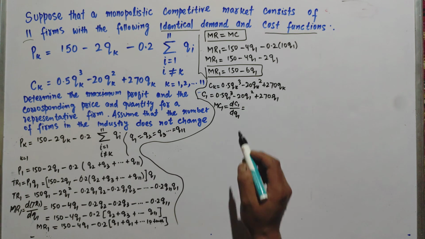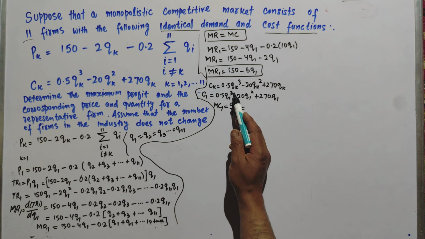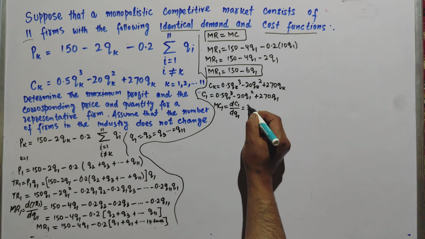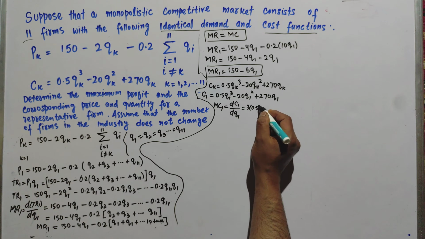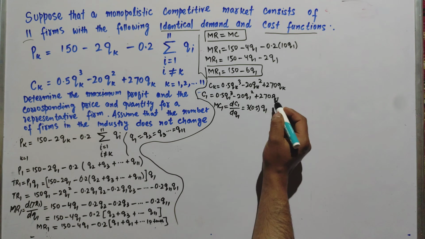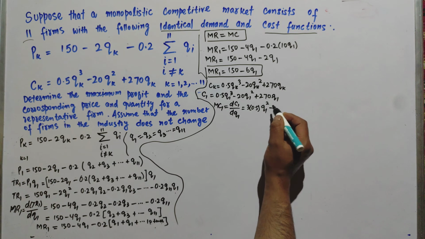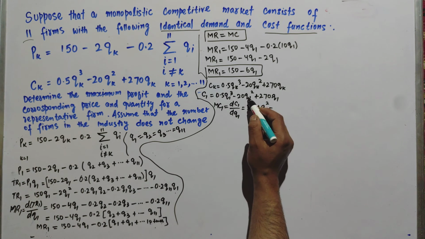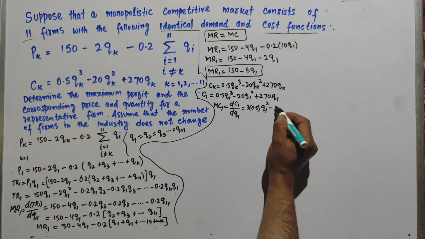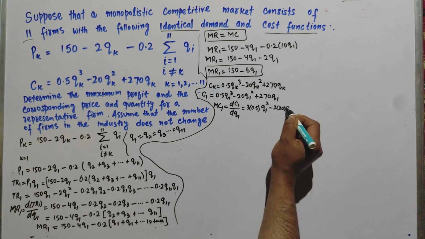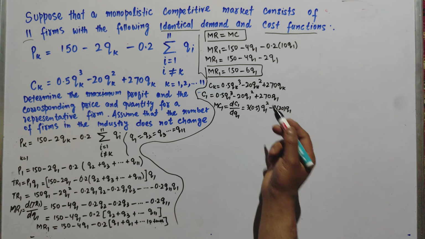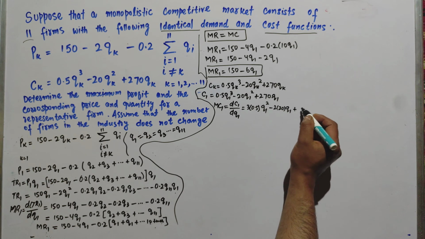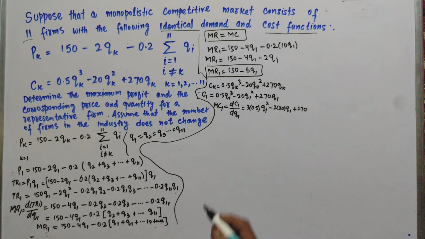So the derivative of Q1 cube will be equal to 3 will become a coefficient, so we have 3 into 0.5 and the exponent of Q1 will be subtracted by 1, it will become square, minus in the second term the derivative of Q1 square is twice Q1, so we'll get 2 into 20 into Q1, the exponent is subtracted by 1, so we will get exponent 1, plus the derivative of Q1 in the last term is 1, so we are left with 270.